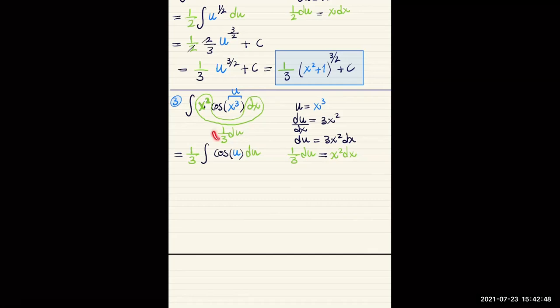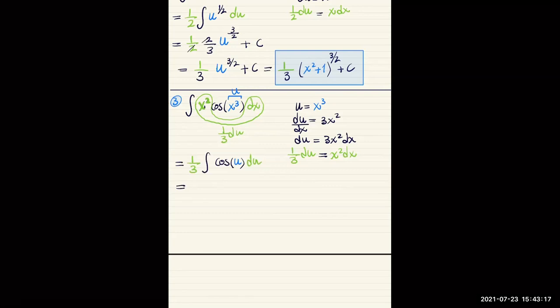Okay, so there's this 1/3 du is right there, 1/3 du. And then here you have the cosine of u. This is an elementary antiderivative. The whole purpose of doing substitution is to transform the antiderivative into something that we can actually do. Convert to a basic antiderivative, and we can do that antiderivative.